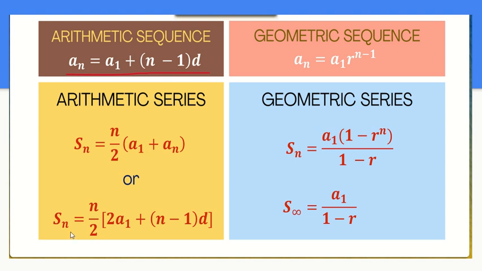The other formula we learned is Sn equals n by 2 times 2a plus n minus 1 into d. In geometric series, Sn equals a1 times 1 minus r power n by 1 minus r. Then S infinity equals a1 by 1 minus r.